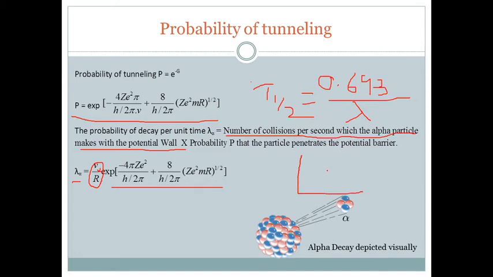Remember this potential which I had shown. So the alpha particle is able to tunnel through, but an alpha particle from the other end gets deflected. It is not able to penetrate the potential barrier. That was the alpha decay paradox.